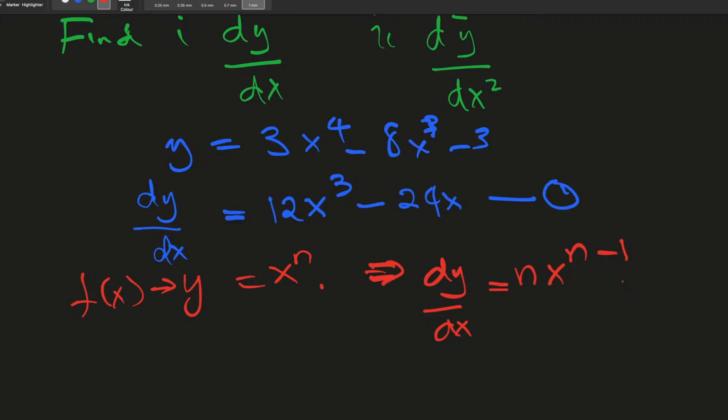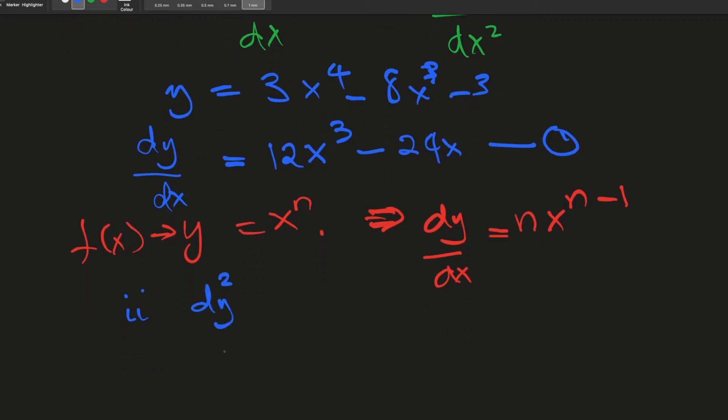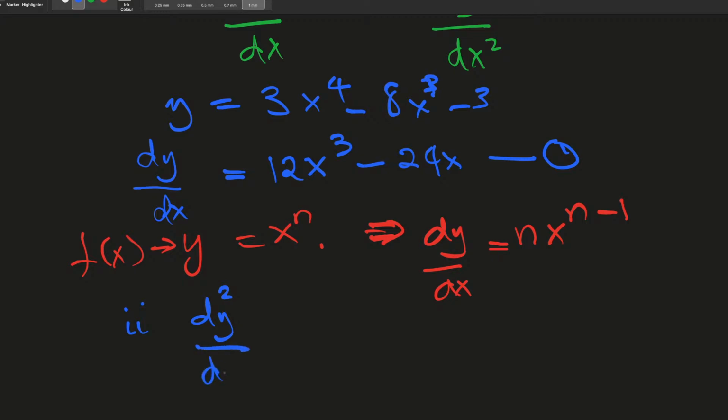24x squared. Okay, for our second derivative, that is d²y/dx², it will be 12 times 3, that is 36x squared, minus 24.